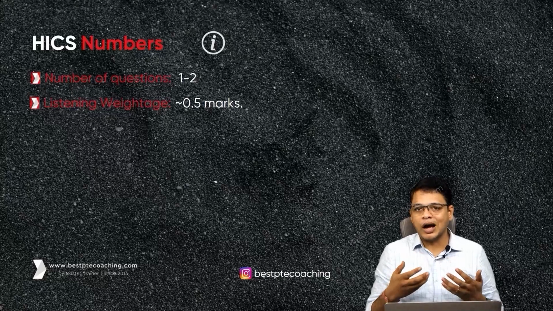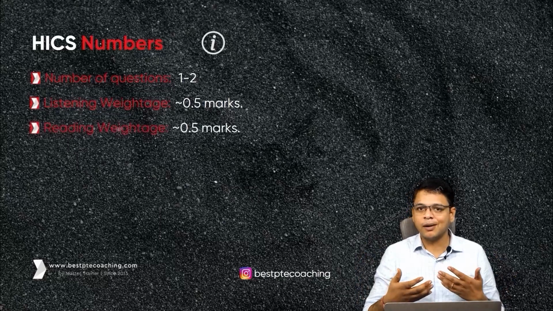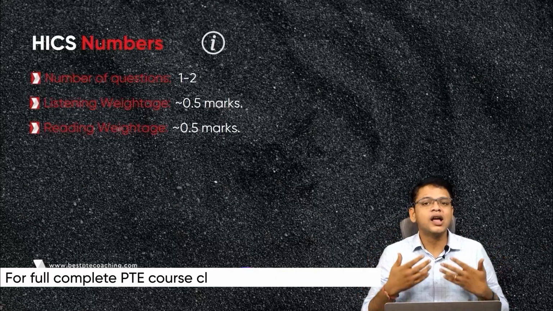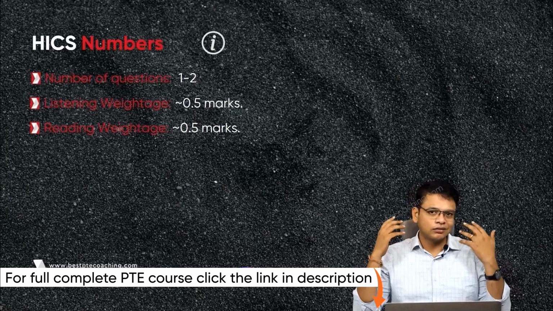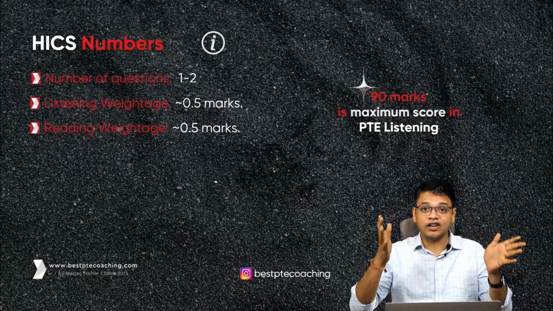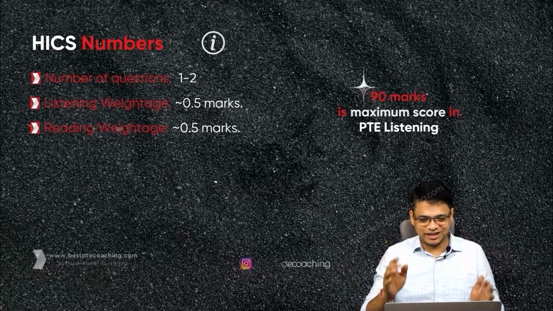It can contribute up to half a mark to listening. At the same time, it can give up to half a mark in reading. Very rarely, 1 mark in listening or 1 mark in reading is possible. Generally half a mark in reading and half a mark in listening is expected from this, against the 90 marks of your PTE listening score. This is the contribution of Highlight Correct Summary.